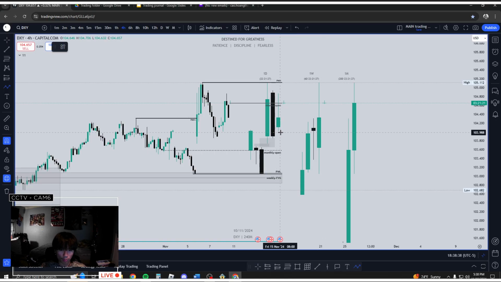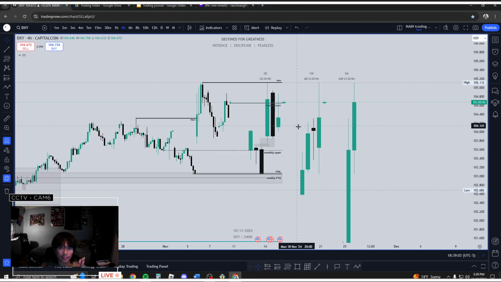If we're bullish, if we get a retracement back inside this daily fair value gap, we should expand higher. And if we're bearish, then after we rebalance the daily fair value gap, we should just completely disrespect it. But that's pretty much all I have for the dollar.